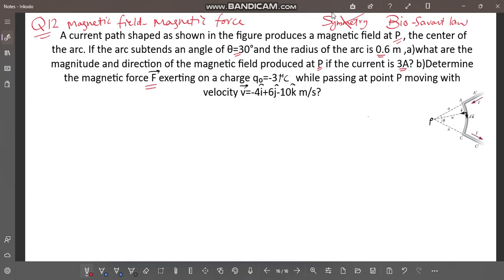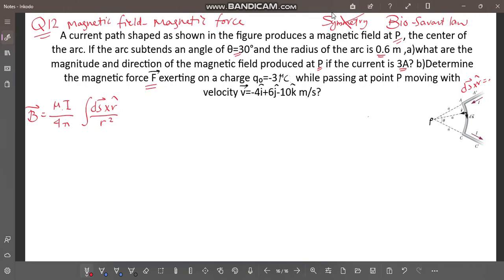Biot-Savart law states that B is mu 0 I over 4 pi, integral of ds cross r hat divided by r squared. How many pieces do we have in the question? Three. But in this part, ds cross r hat is 0. Why?